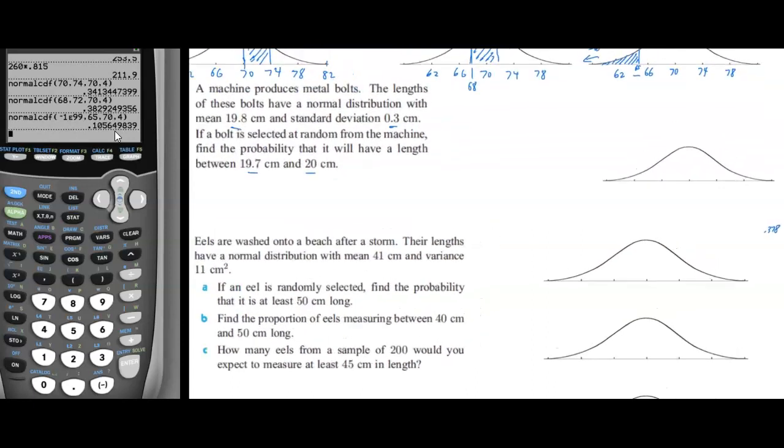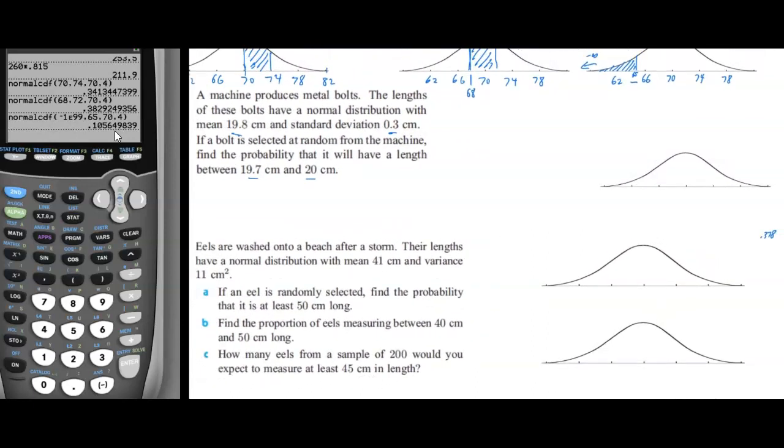But just to see what our answer is going to look like roughly, I am going to put an x-axis here. The mean is going to be 19.8 centimeters, and the standard deviation is 0.3 centimeters. So I'm just going to add and subtract 0.3 to get other values here. If I add 0.3 to 19.8, that would give me 20.1.